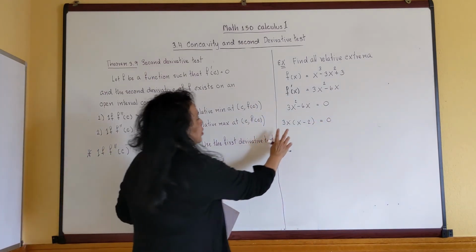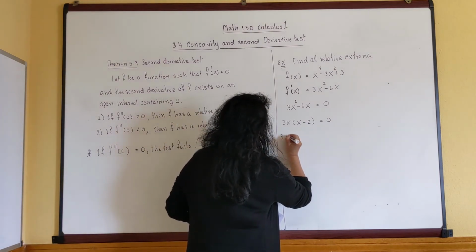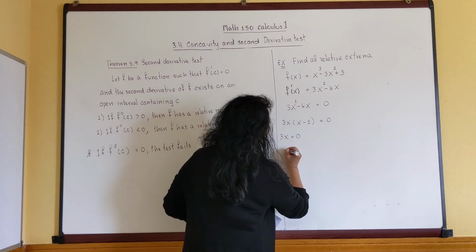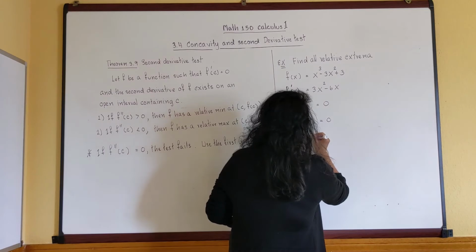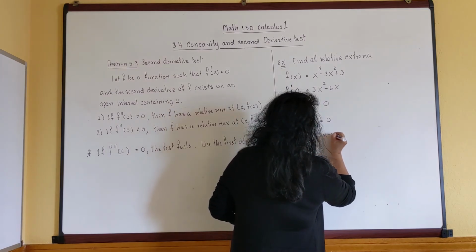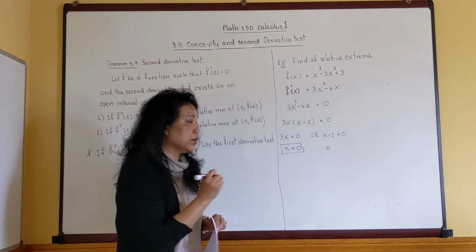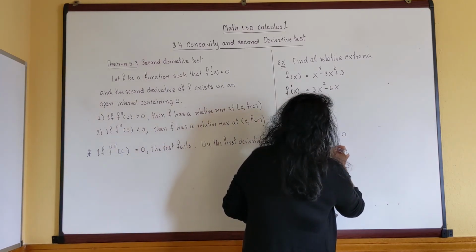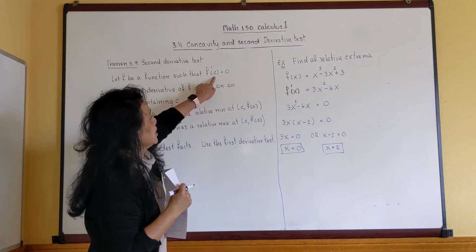Two terms multiplied together equal 0, so either 3x equals 0, x equals 0, or x minus 2 equals 0, which means x equals 2. Alright, these are my c values here.